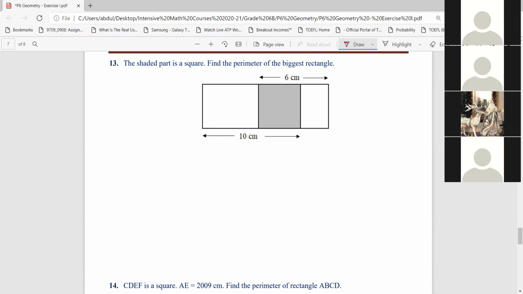Because when I find the length of the biggest rectangle, I don't multiply it by 2. And my answer is 20, but then it's 32.